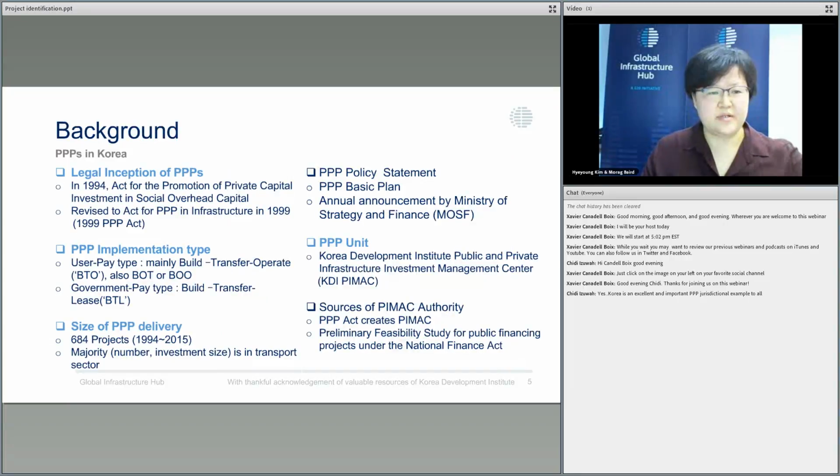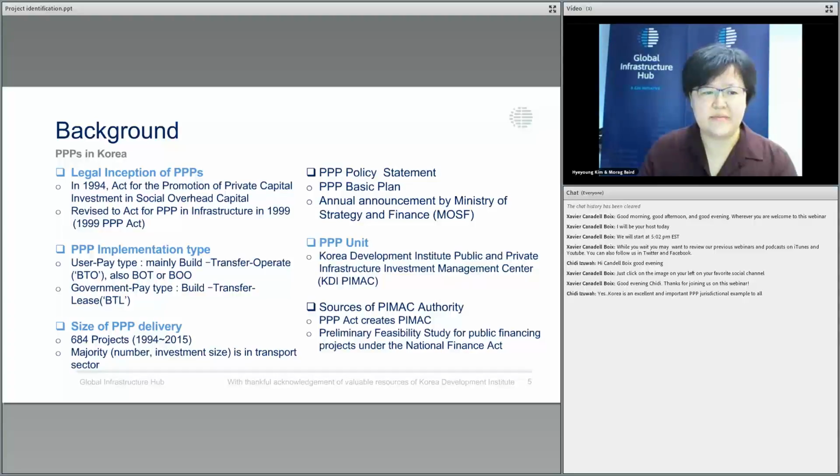Okay, let me introduce the background for PPPs in Korea. The legal inception of PPPs was in 1994, and we have PPP implementation types, both user-paid type and government-paid type.